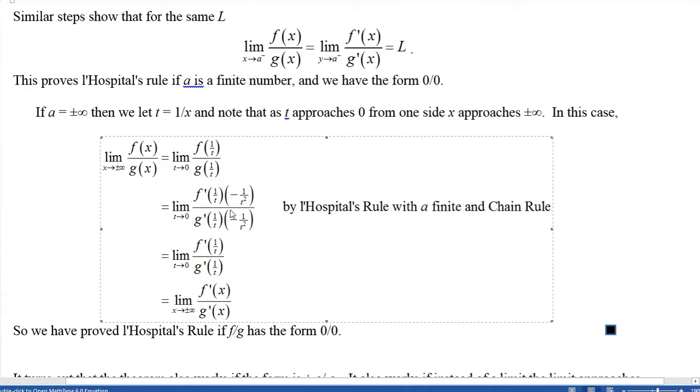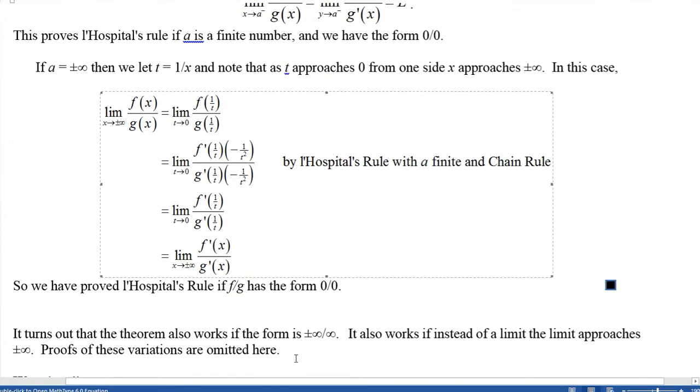Then we did some simplification here, the cancellation property of fractions, and then we just basically did some substitution back in. So we proved this. L'Hopital's rule works if f over g has the form 0 over 0, and this limit actually exists as a real number, but the a could be a specific real number, or it could be infinity, or it could be minus infinity, and we proved that.